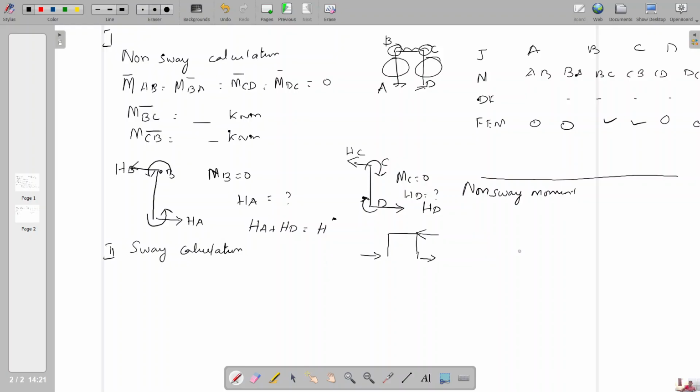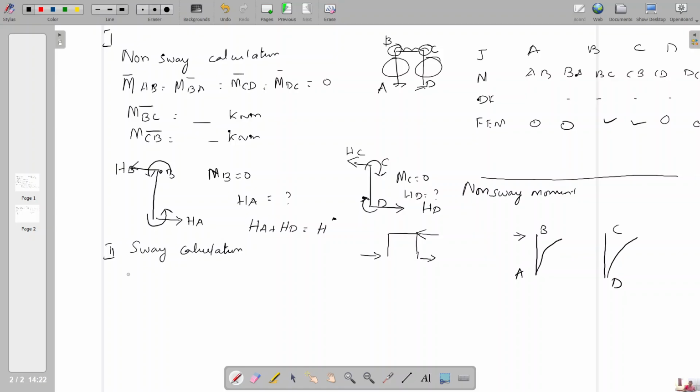As explained earlier, both the columns are subjected to the sway condition like this. This is A, B, and C, D. The beam is not subjected to the sway, only column members are subjected to the sway condition.